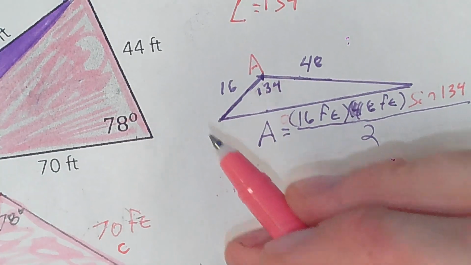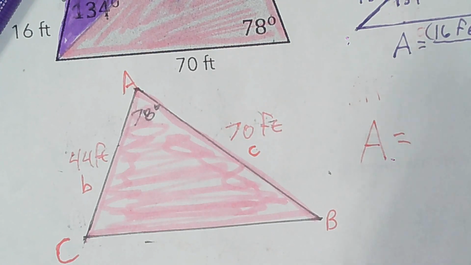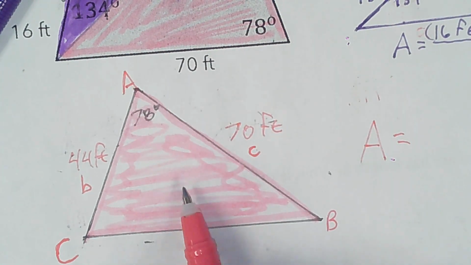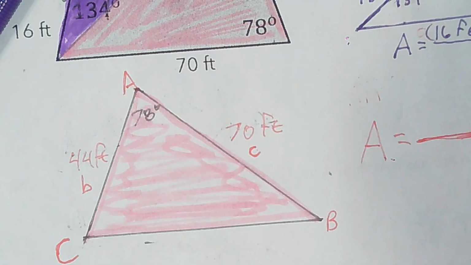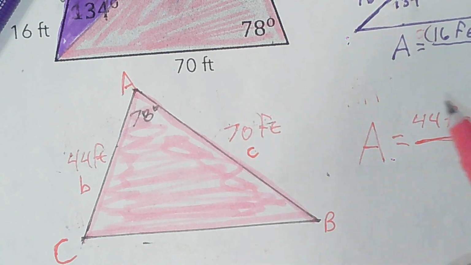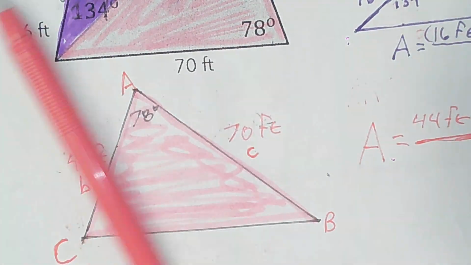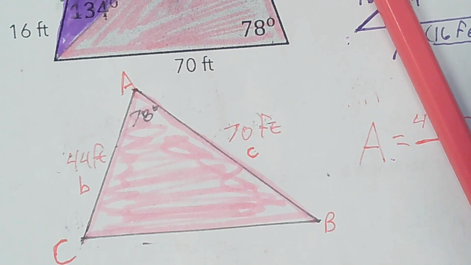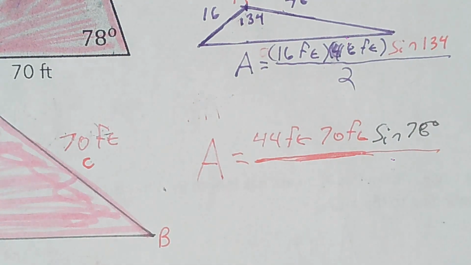My area of my pink triangle is going to be equal to 44 feet times 70 feet and the sine of 78 degrees, divided by 2.